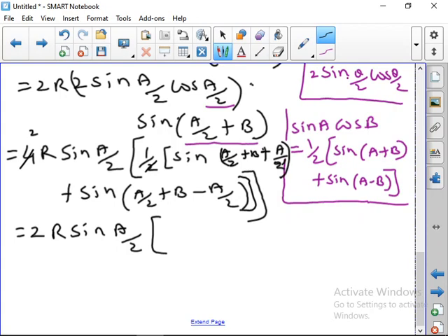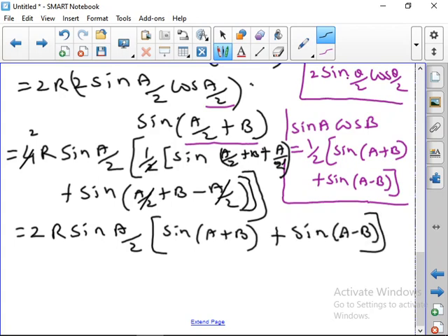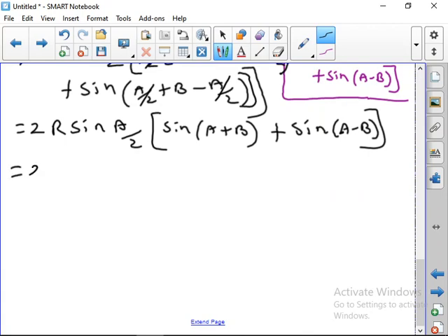So what is it? A by 2 plus A by 2 is 2A by 2. So you get A. So we get sine A plus B plus A by 2 gets cancelled. So sine A minus B. So now this is equal to 2R sine A by 2.